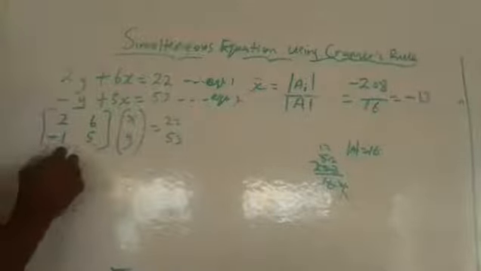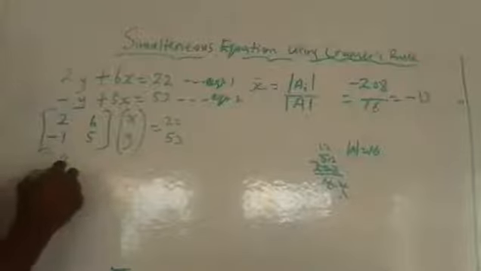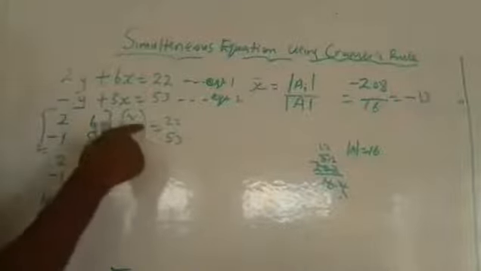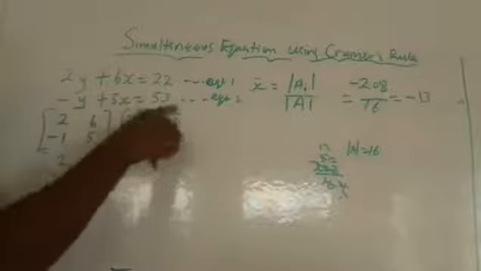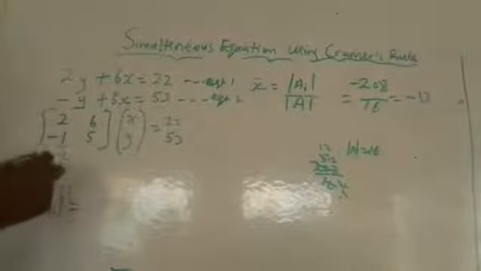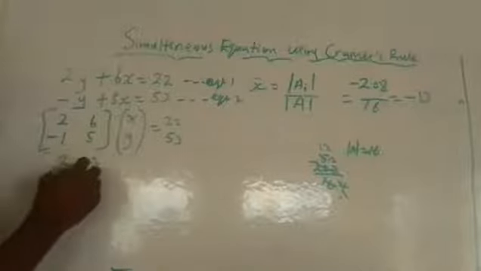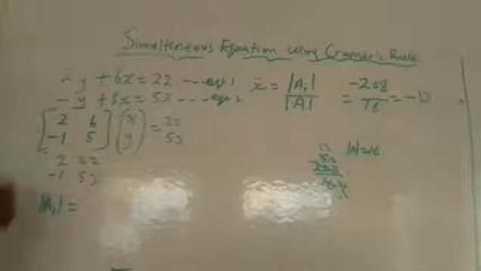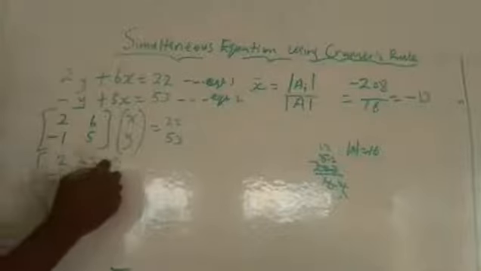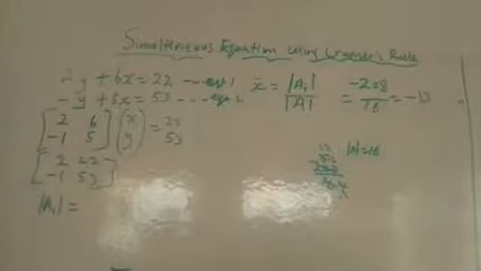So you write 2, minus 1, then the constant values, which are 22 and 53. So we'll be having this. Now, if you have this, you find the determinant.